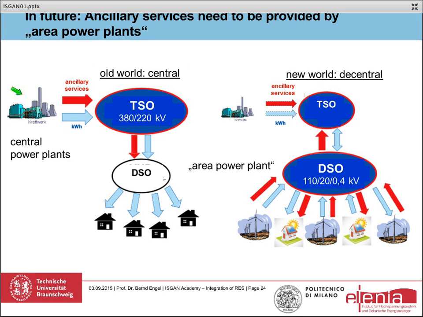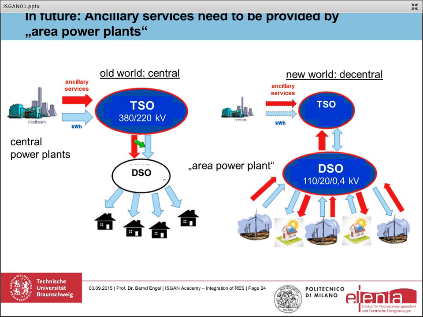We had the conventional central power plants, which were only providing the energy and the ancillary service to the transmission system operators, and the energy and the ancillary service were then transferred also to the distribution system operator and then to the consumers.